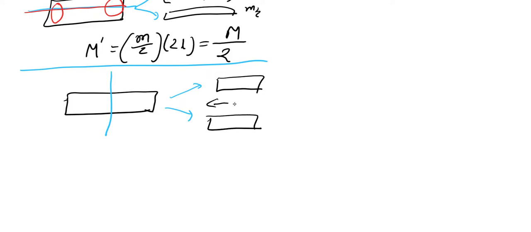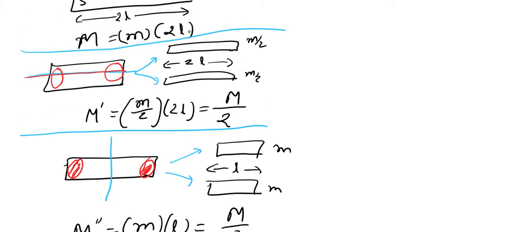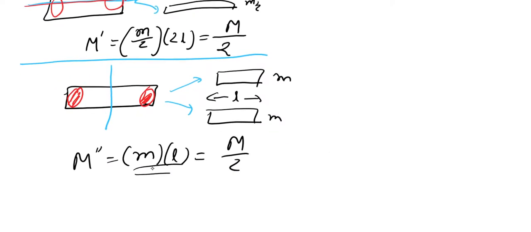So now length is not 2L, it is L. But then the pole is not divided, so pole strength will remain the same. And so if the dipole moment is m double prime, pole strength is the same, length is half, and then again it is half. Check: dipole moment is m into 2L, the previous dipole moment, and this one is m into L, that is half.